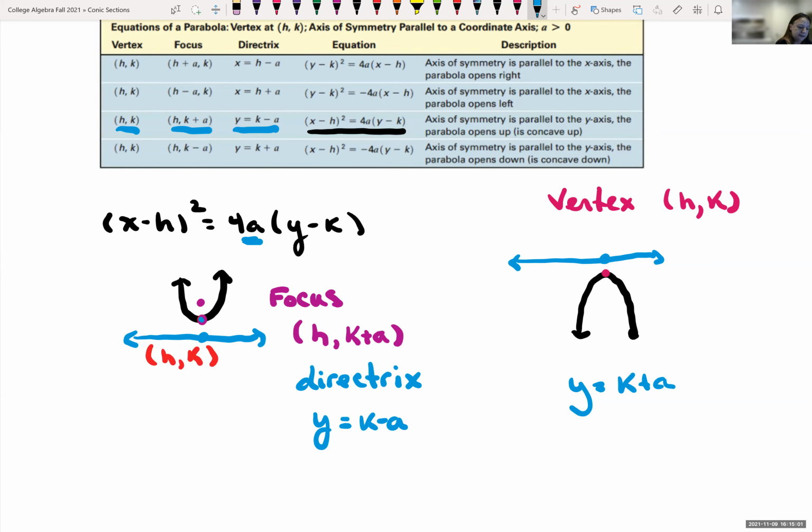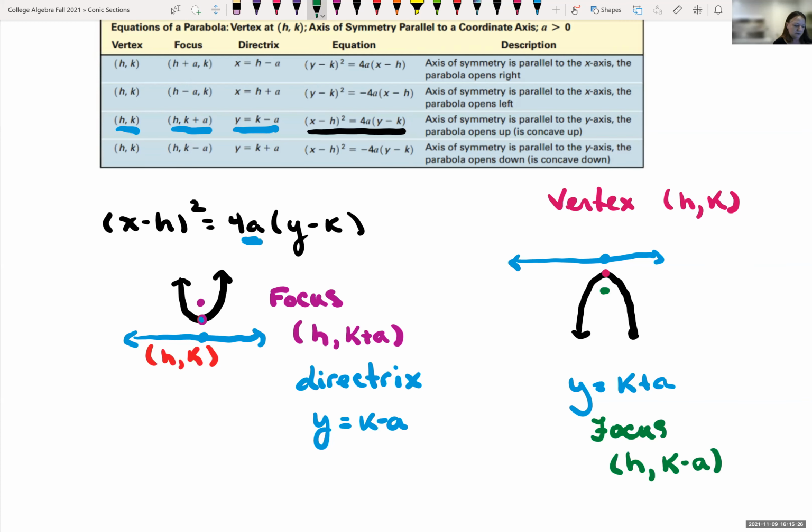And the focus, we're going to be going down a. So our focus is going to be at the point where the h value is the same as our vertex, but this one is going to be k minus a.